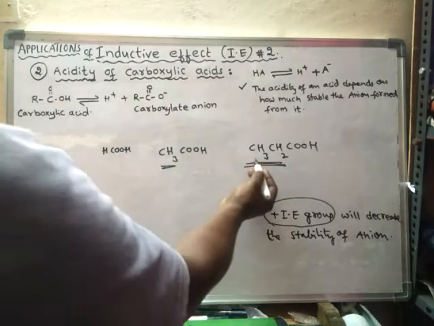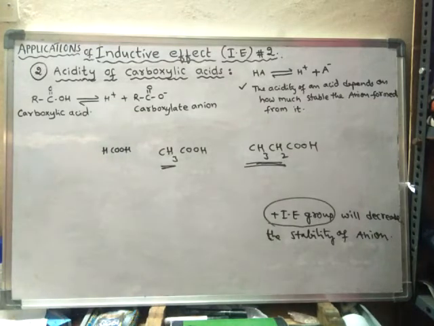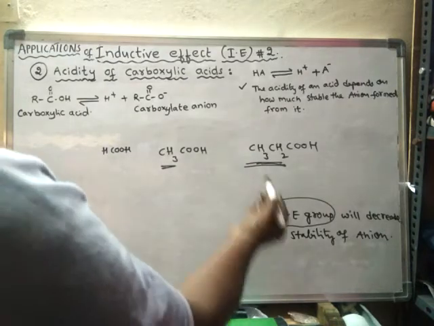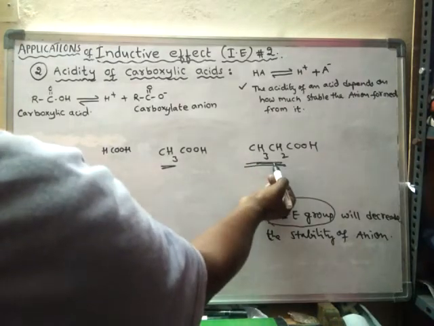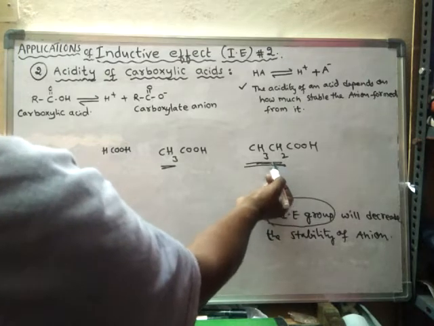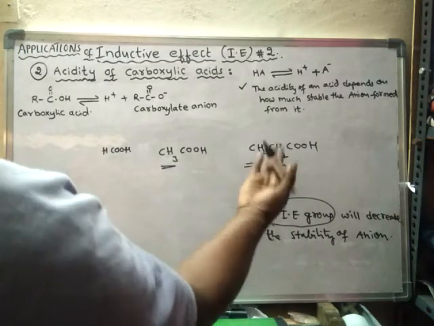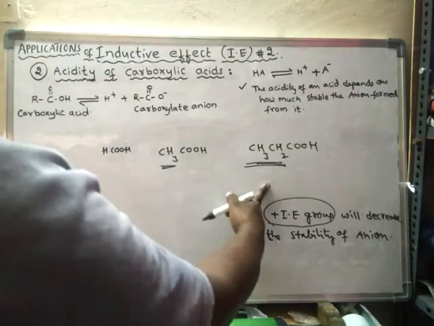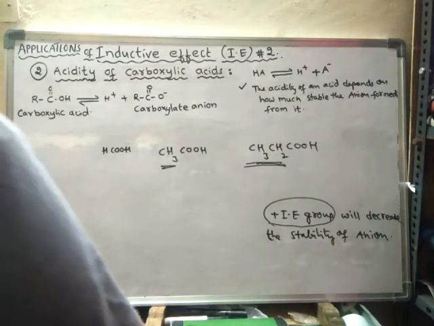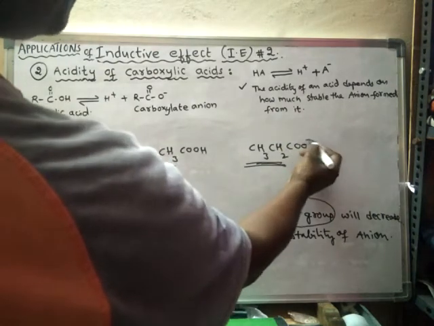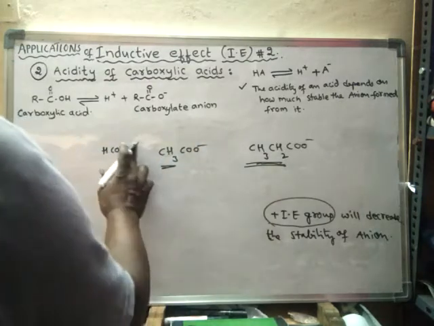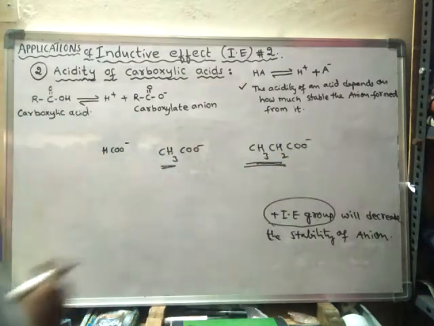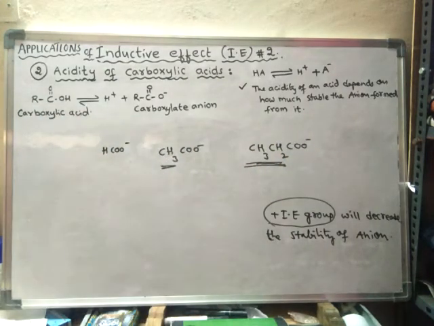As it is more plus IE, it will decrease the stability of the anion to more extent. Now this is formic acid, this is acetic acid, and this is propanoic acid. These acids will form anions after losing protons like this. Now we have to compare the stability of the anions. Which anion is more stable?